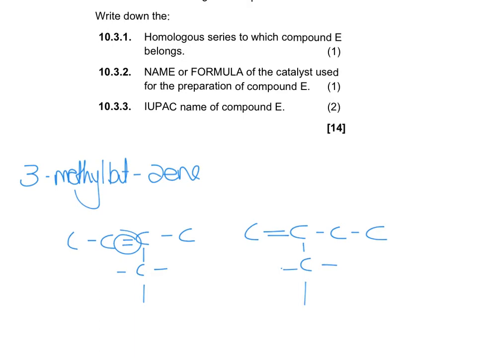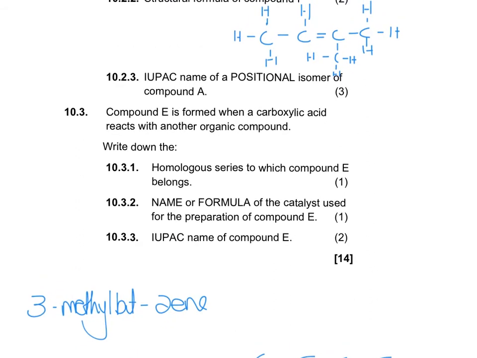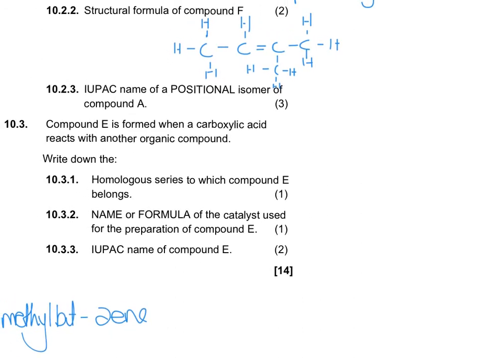So in other words, instead of having 2-methylbutene, what I'm going to get here, and this is my answer, this is the name that I need for this one, is 2-methyl, that can't change, but-1-ene. Positional isomer, I've changed the position of the double bond. Very important.